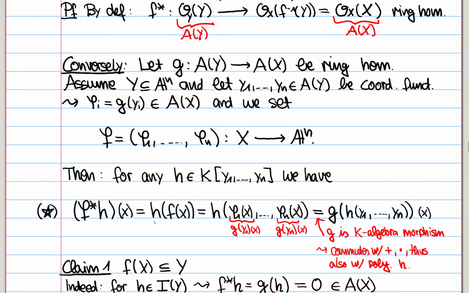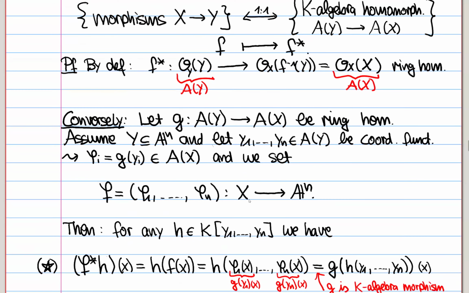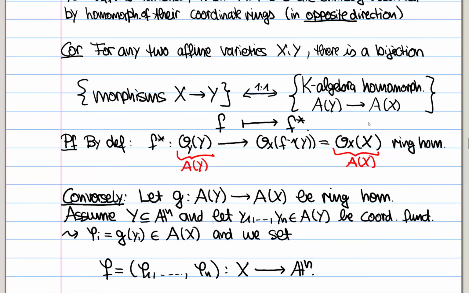By definition, we calculate h of F of x, and F is given by these components, which by definition were given by G of y1 up to G of yn. And now the crucial thing is that G is a K-algebra homomorphism by definition.